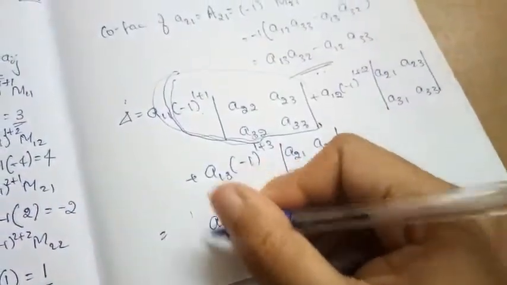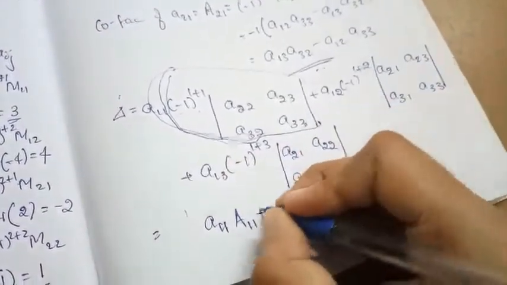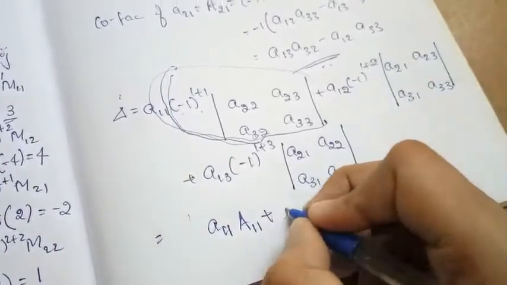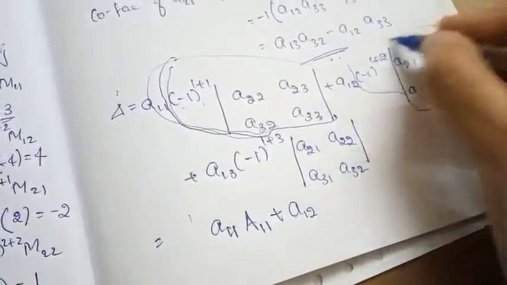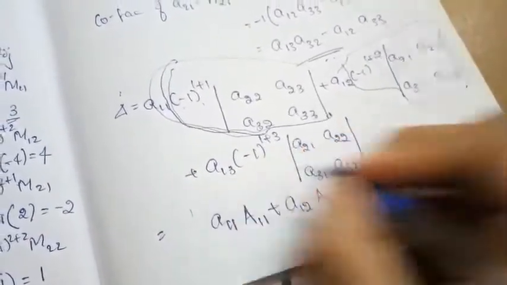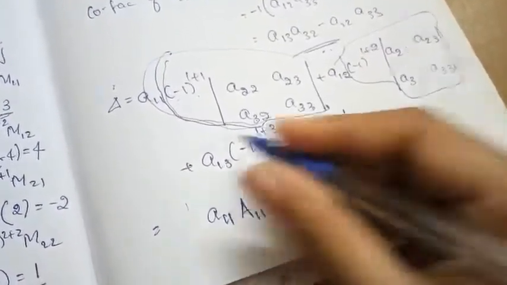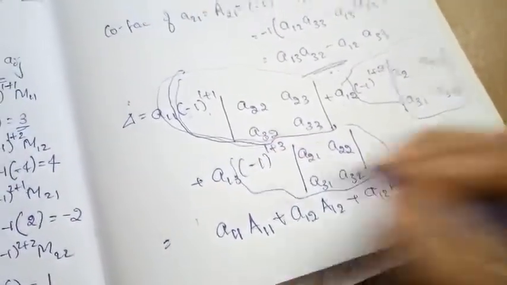So A11 into the cofactor of element A11, plus again here A12 into what is this one? This one is again nothing but the cofactor of the element A12, plus again A13 into the cofactor of the element A13.